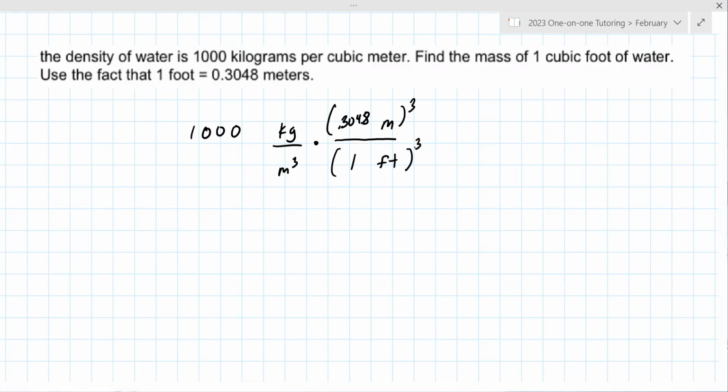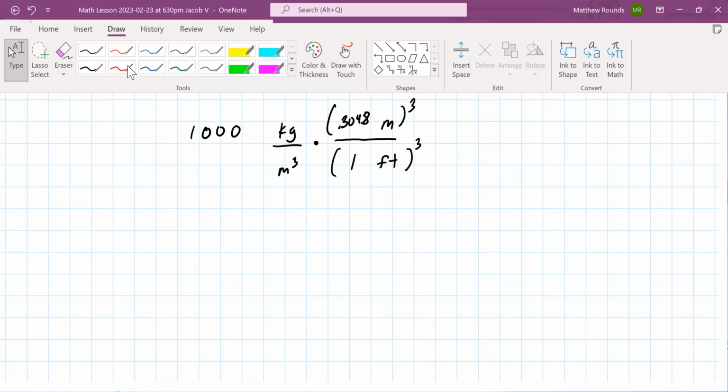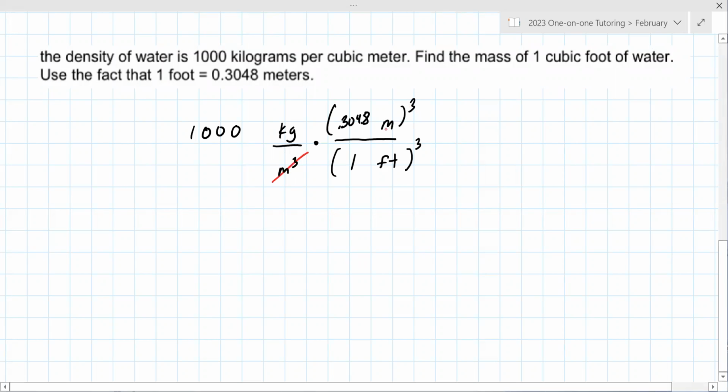Because you need to get meters cubed. When you cube it, you get meters cubed, they cancel. And you do have to cube the number. You're cubing the feet and the 1, but 1 cubed is 1.